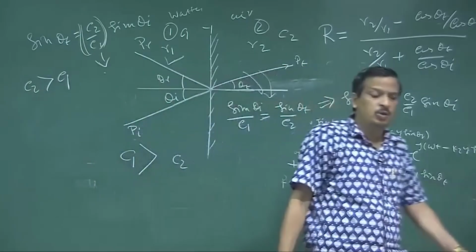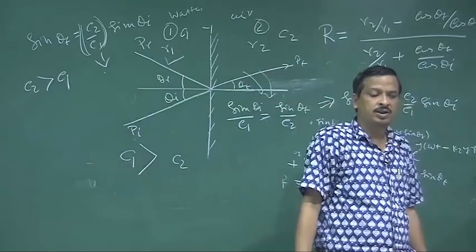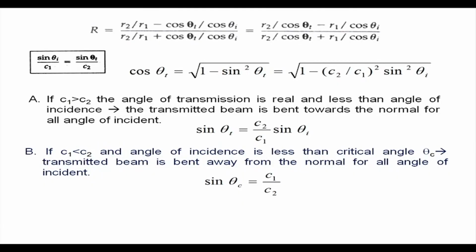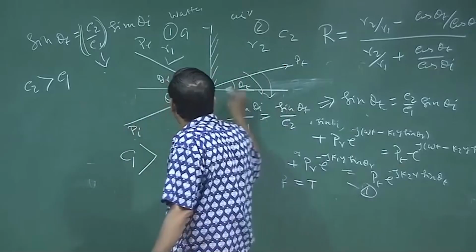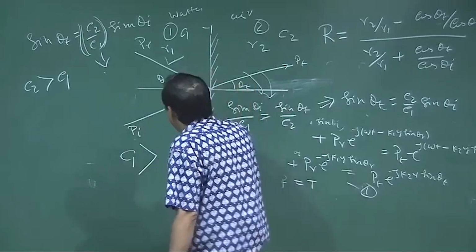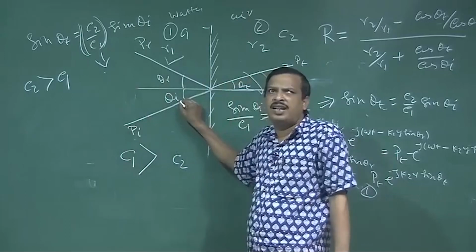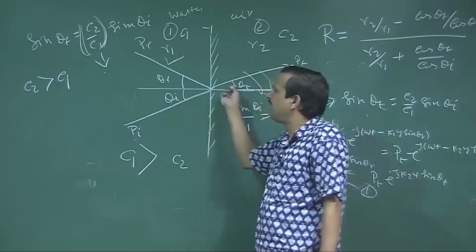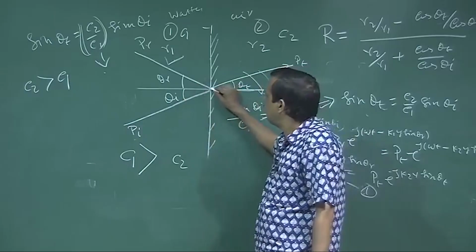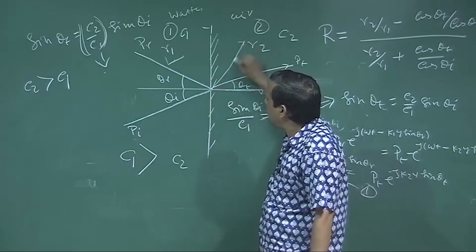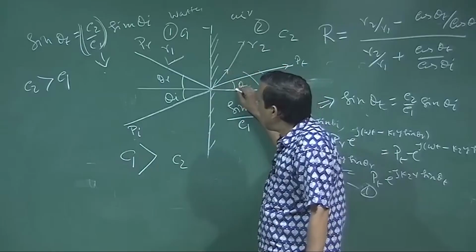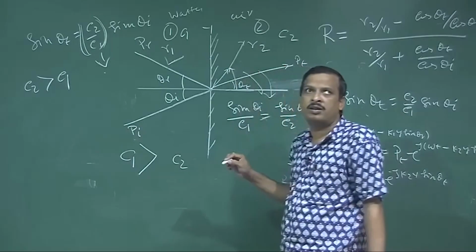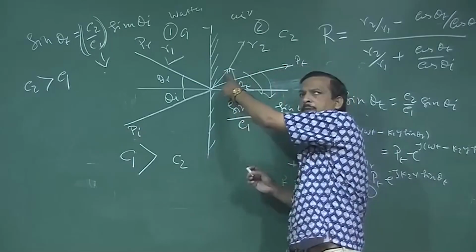So theta t may be greater than theta I, which means the transmitted wave will go away from the normal.